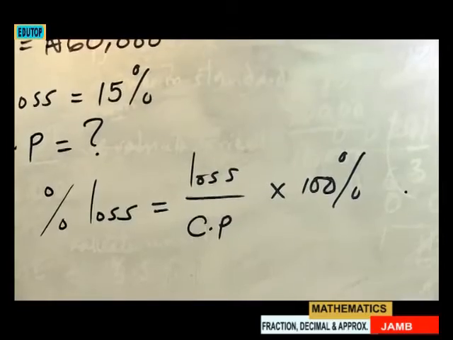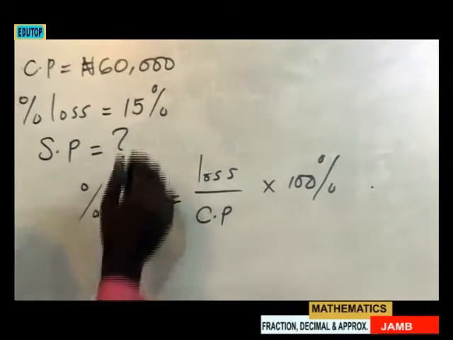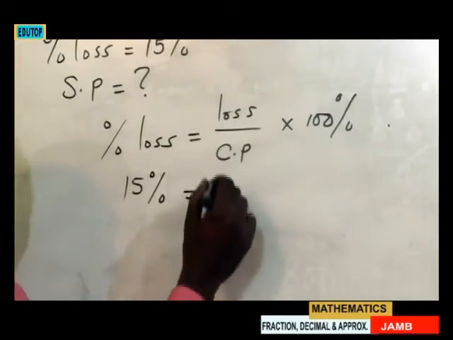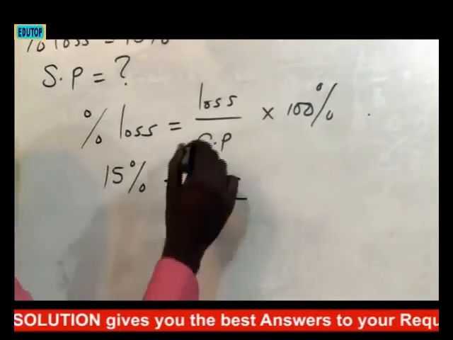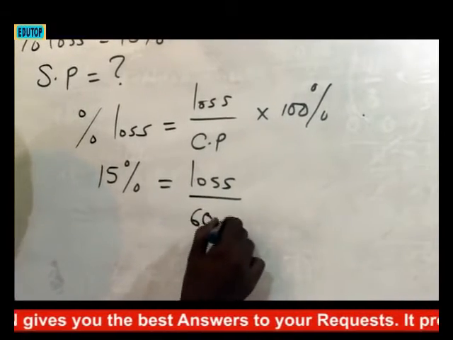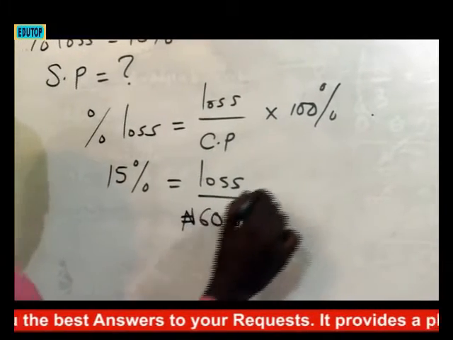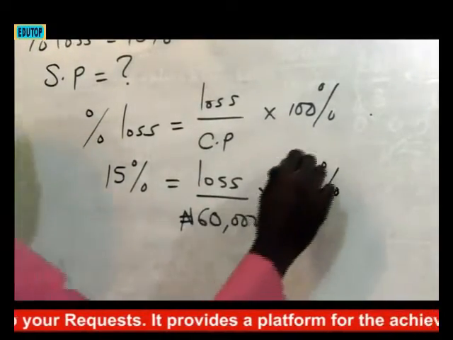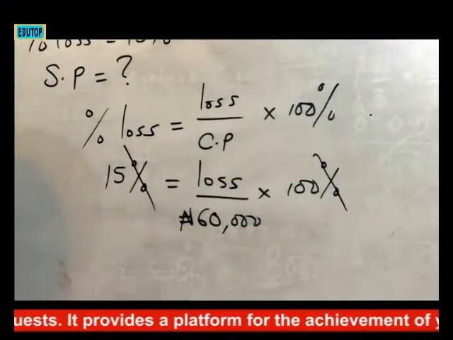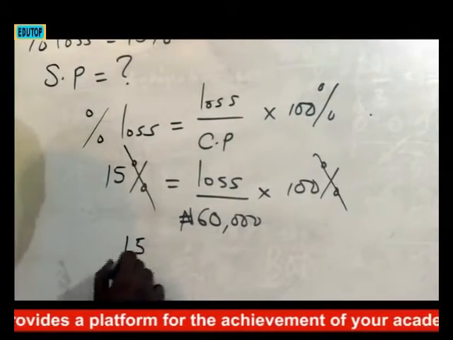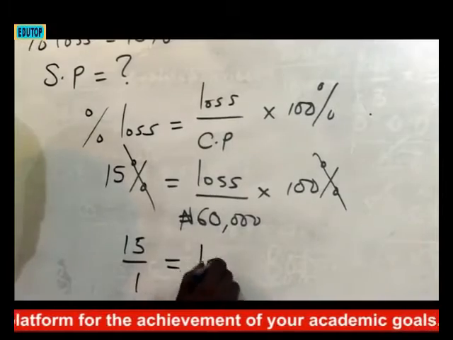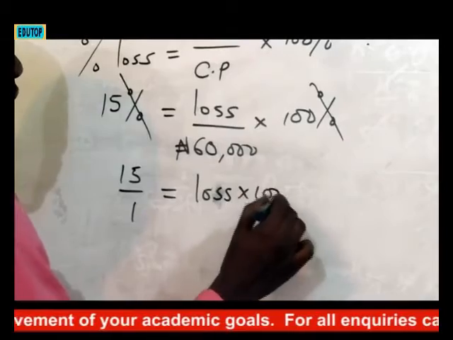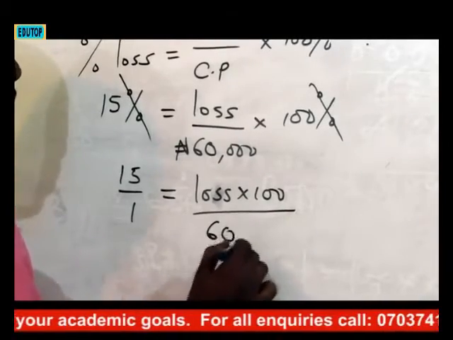Now, in that situation, we have our percentage loss to be 15%. Loss, we don't know, but we know the cost price, which is 60,000 naira, multiplied by 100%. So this percent can cancel this percent. Then we have 15 over 1 equals loss times 100 over 60,000.